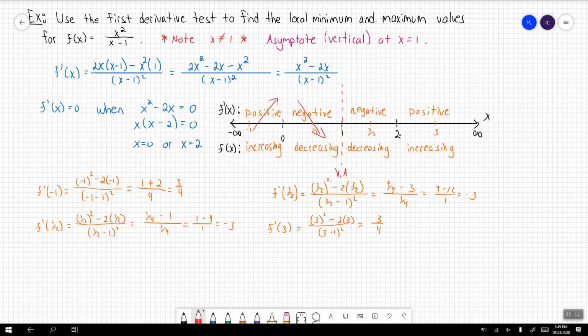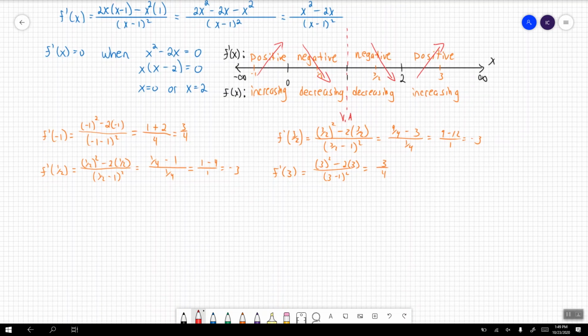From the interval from 1 to 2 the function is decreasing, and then from 2 to infinity it's increasing, which means we're going to have a local minimum. So we now see here that by that extraction we can have a local maximum and a local minimum.